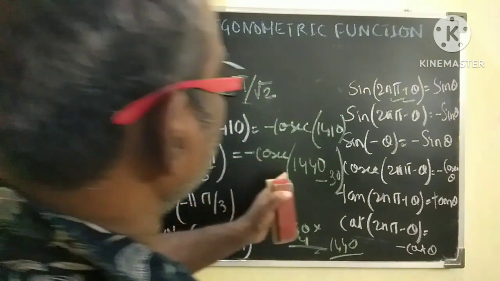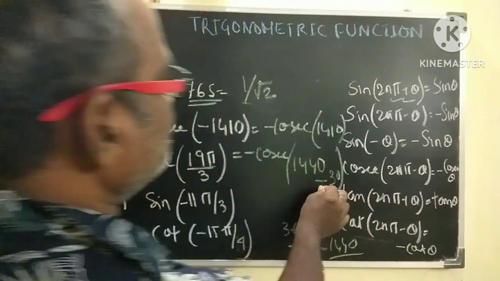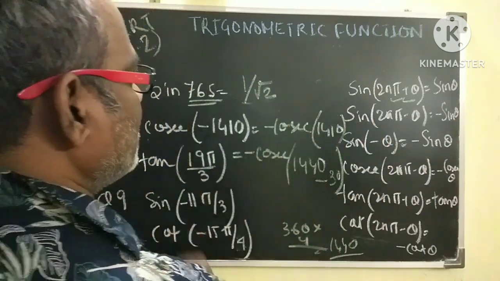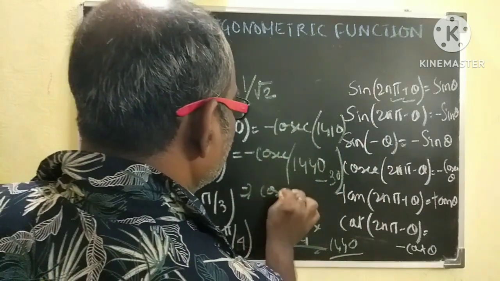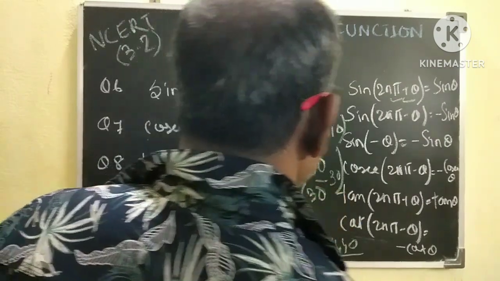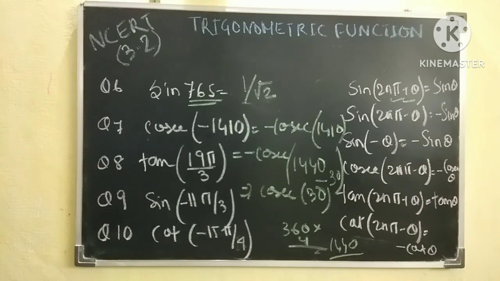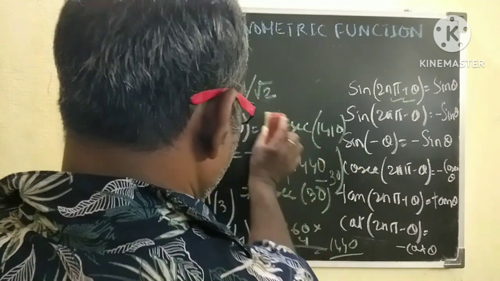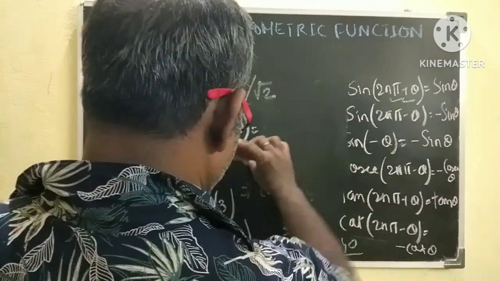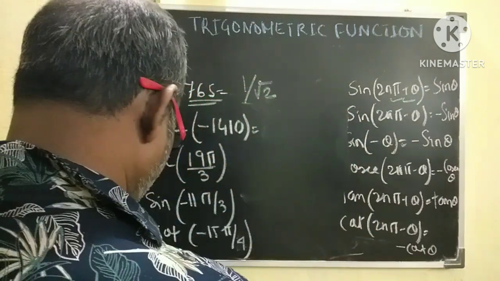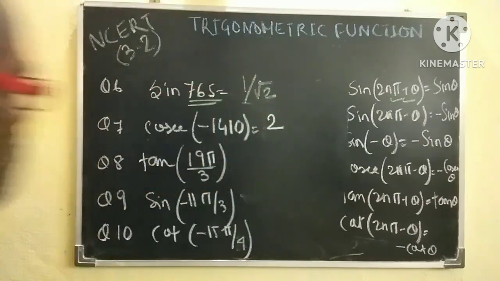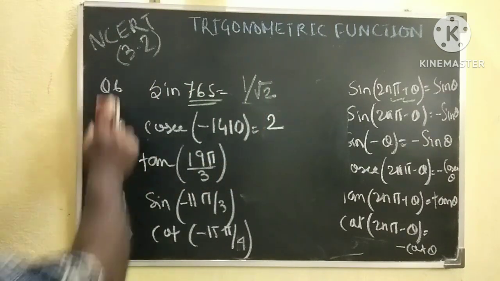Cosecant of minus theta is minus cosecant theta, so minus minus gets cancelled off. We get here cosecant 30, and the value of cosecant 30 is 2.